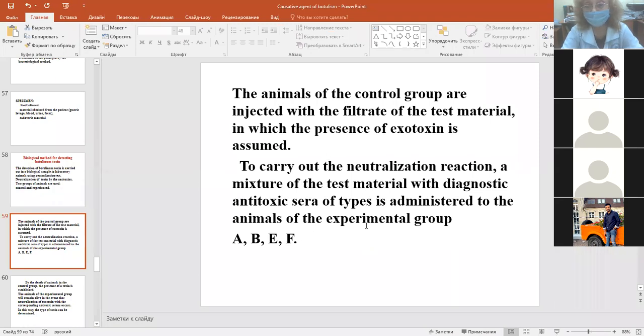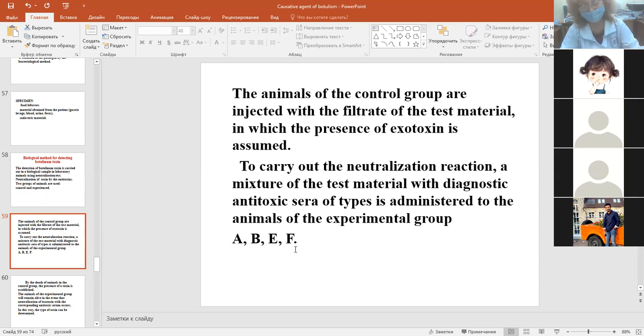To carry out the neutralization reaction, a mixture of the test material with diagnostic antitoxic sera of different types is administered to the animals of the experimental group: A, B, E, F. These antitoxic sera are produced not just for A, B, E, F; all 8 types of antitoxic sera are produced.